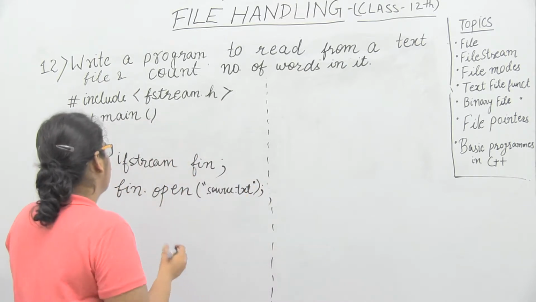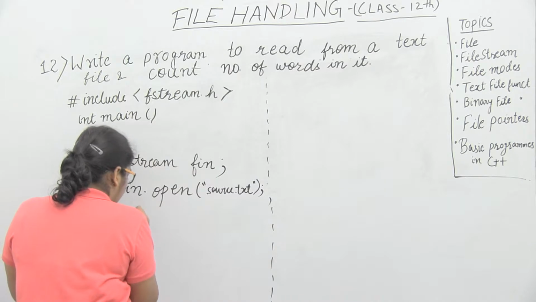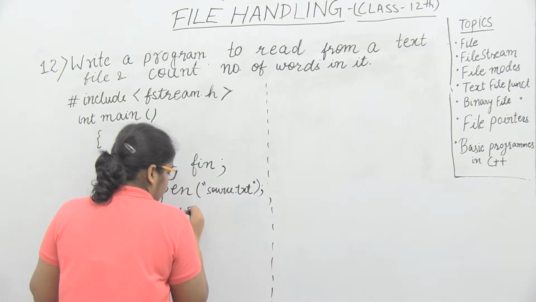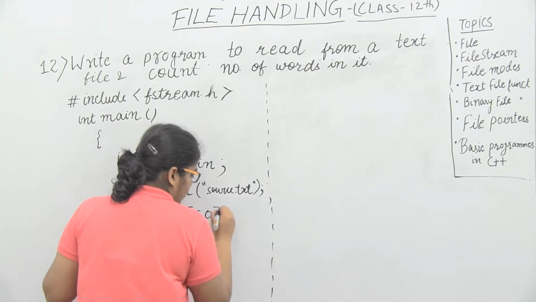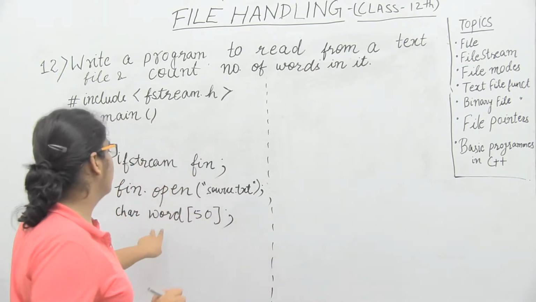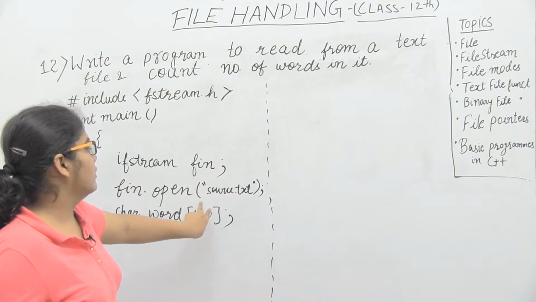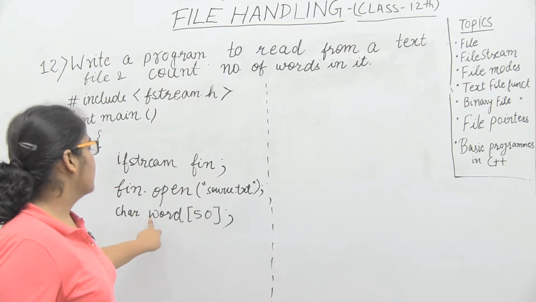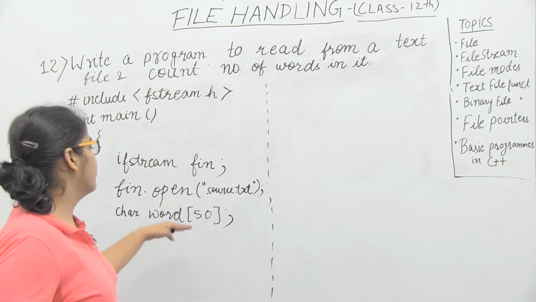Then char word[50]. This word will be a character array of length 50. So it will take a word from the file.